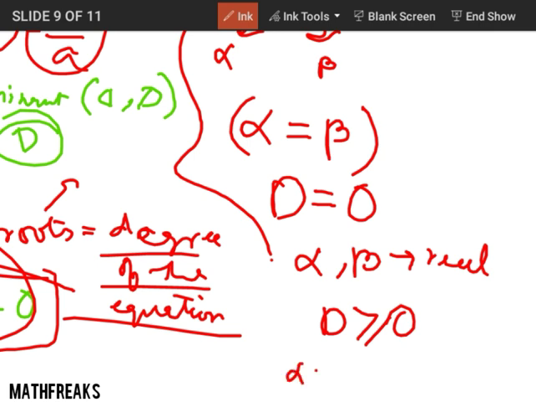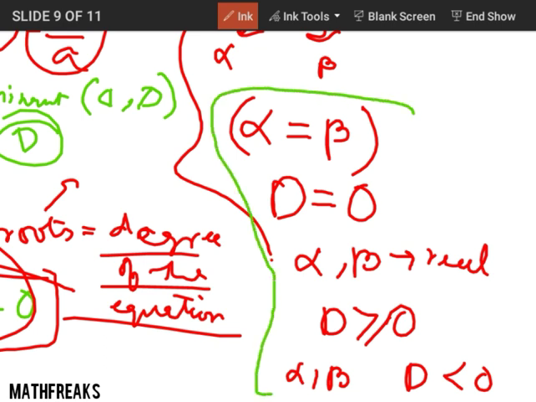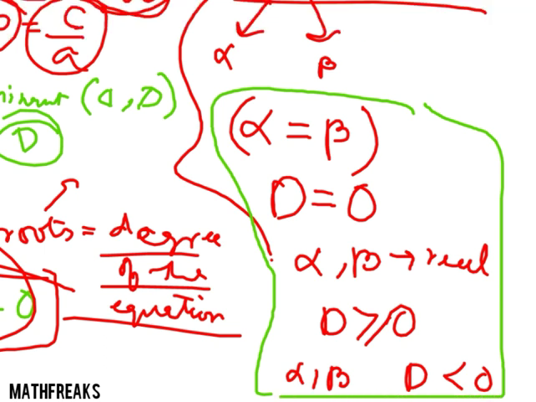And if alpha and beta are not real, then the discriminant has to be less than 0, not equal to, less than 0. I know there are many questions, why, how. So we are going to tell everything in the next lecture, that is in the advanced theory of equations. This is the basic one.